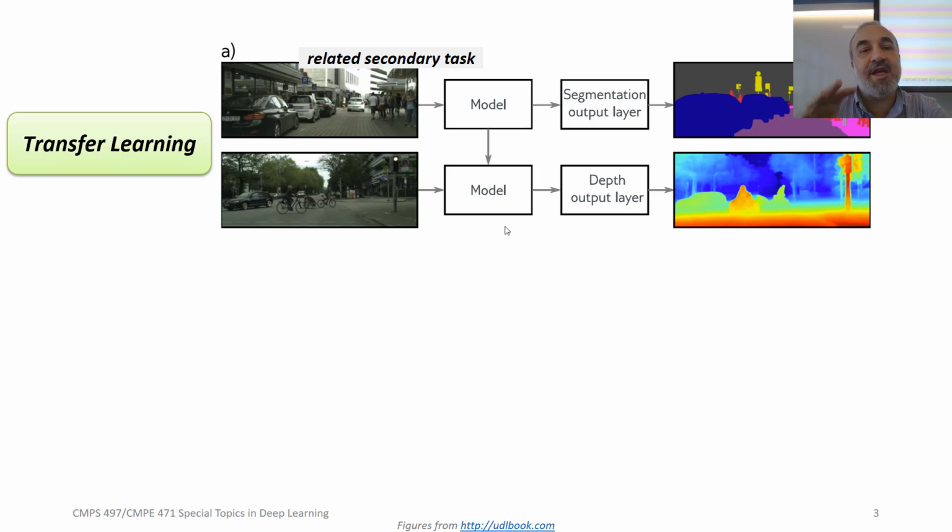The first model is trained on the segmentation task. We will take it and continue training it, but for the depth task. They are related, so it should benefit from the knowledge that the model got from the first task.